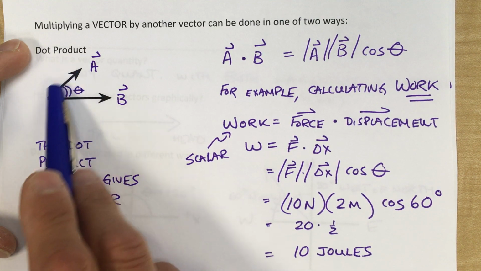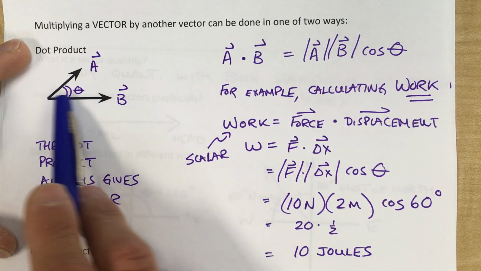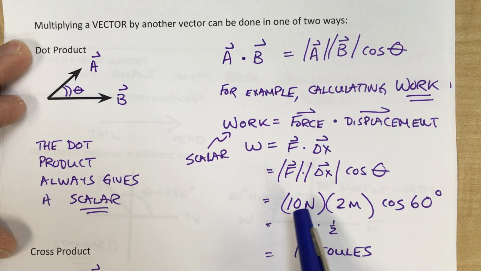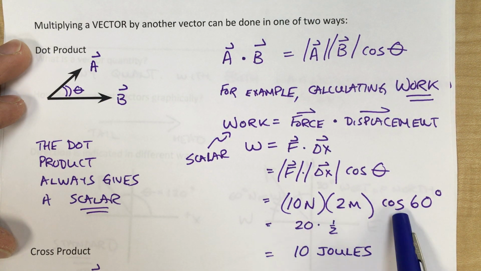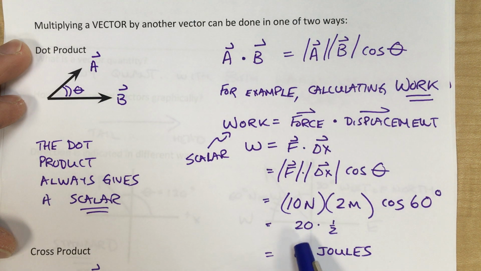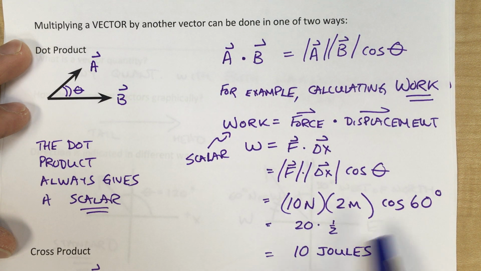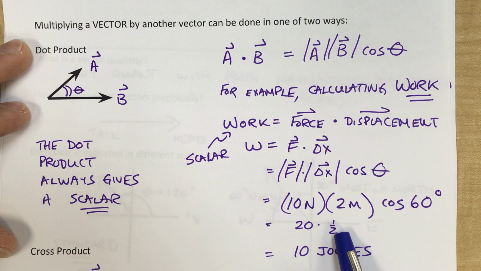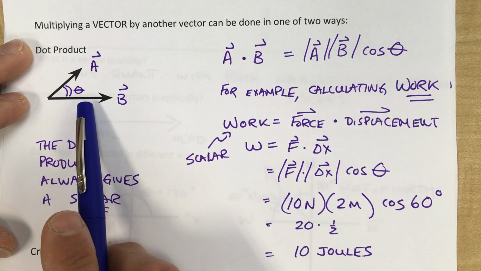So maybe A is the force, but B is the direction the object is actually moving. And what happens here is that you take the 10 newtons times 2 meters and multiply by cos 60, and that gives you 10 times 2 is 20, times cosine 60 is 1/2, which is 10 joules. The effect of the cosine 60 is to actually make the joules smaller, right? Because cosine of 60 is 1/2. And the reason is because these vectors are not lined up with each other.